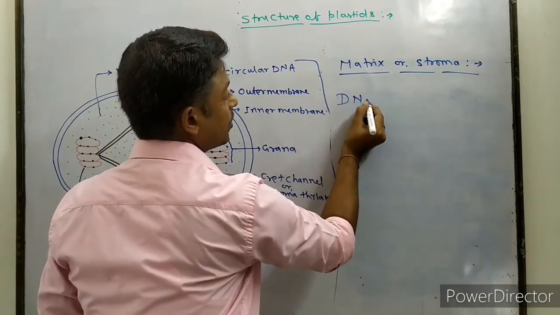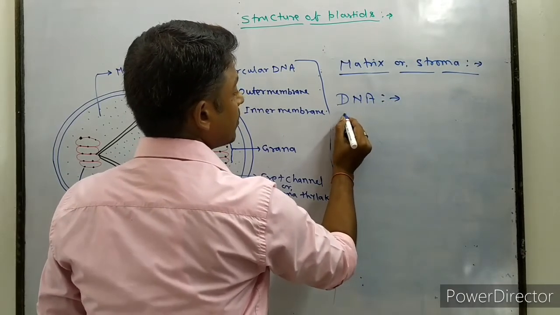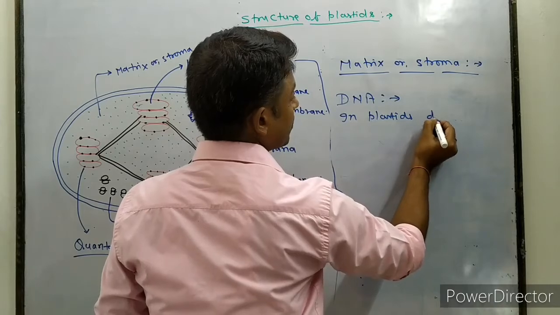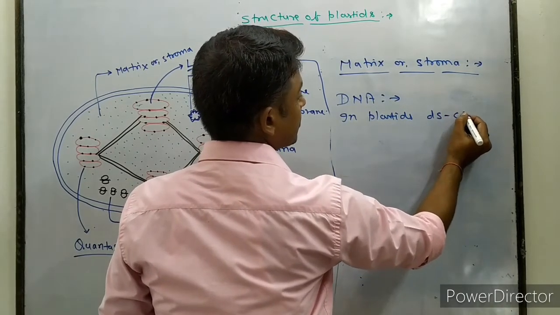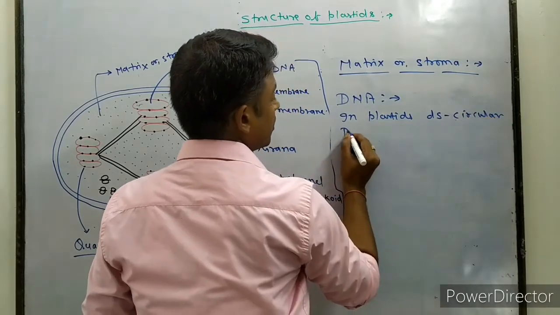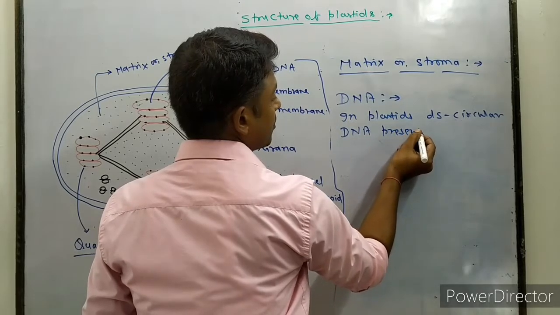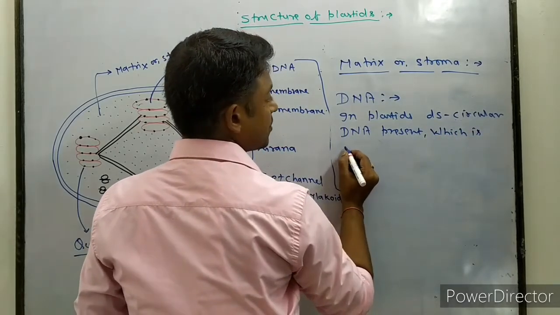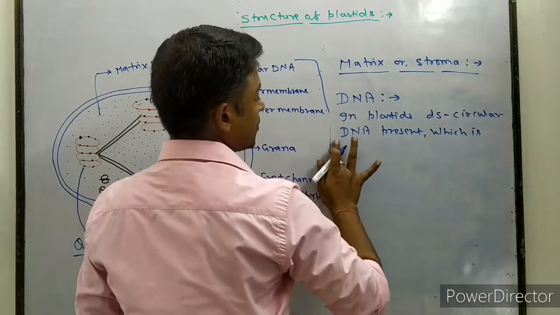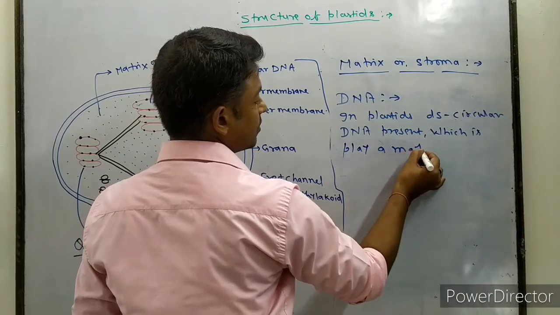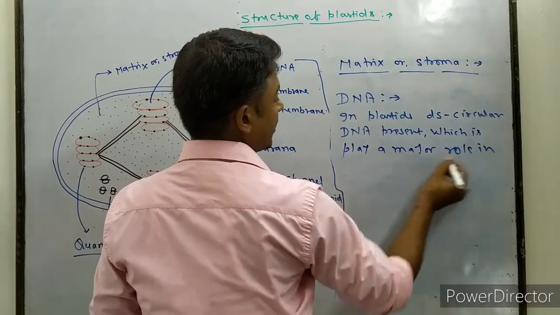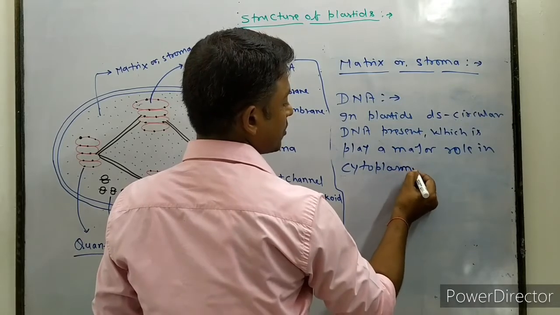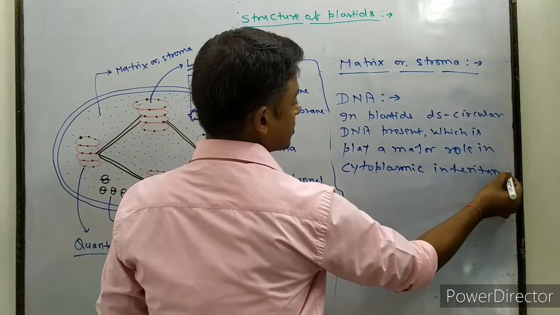So DNA in plastids: double stranded circular DNA is present, which plays a major role in cytoplasmic inheritance.